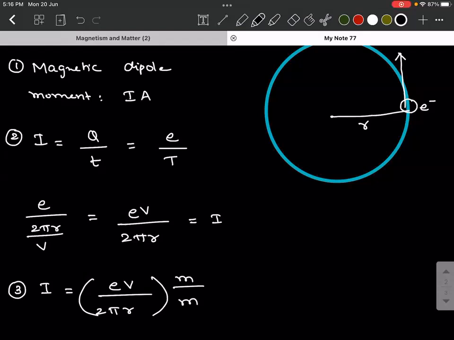And I will multiply and divide with MR here. Can I do this? So this will be equal to E into MVR divided by 2 pi M into R square.